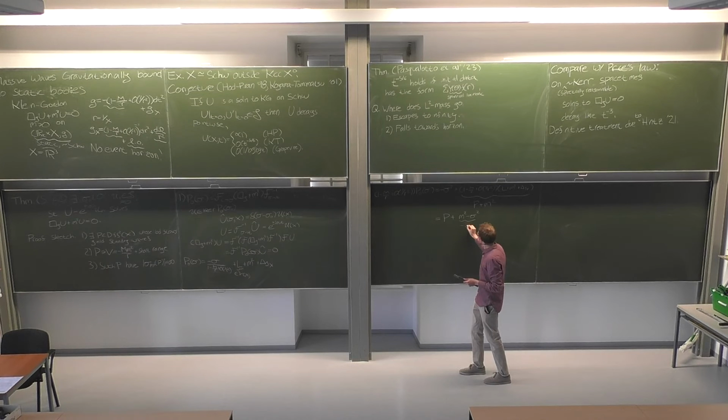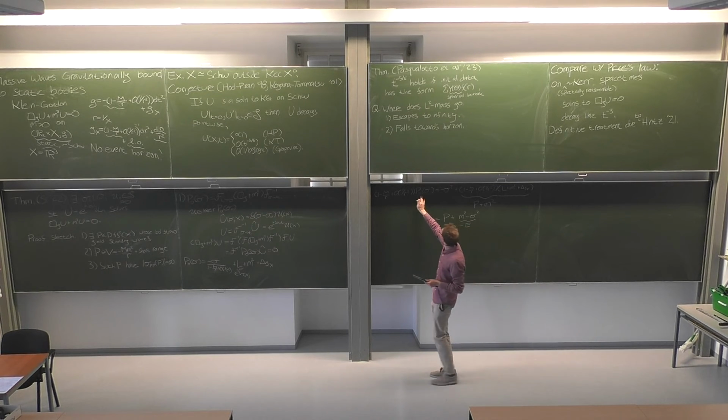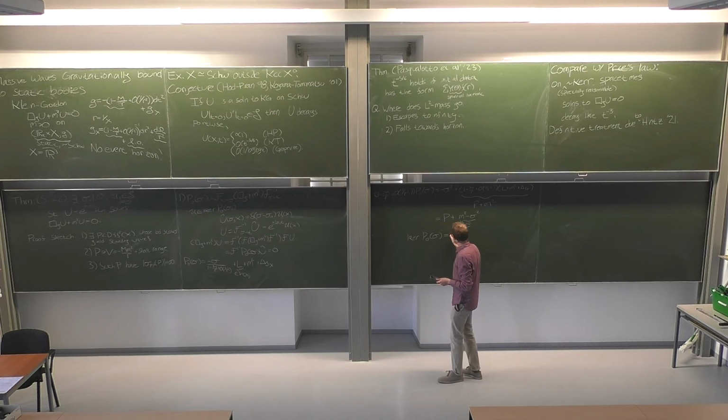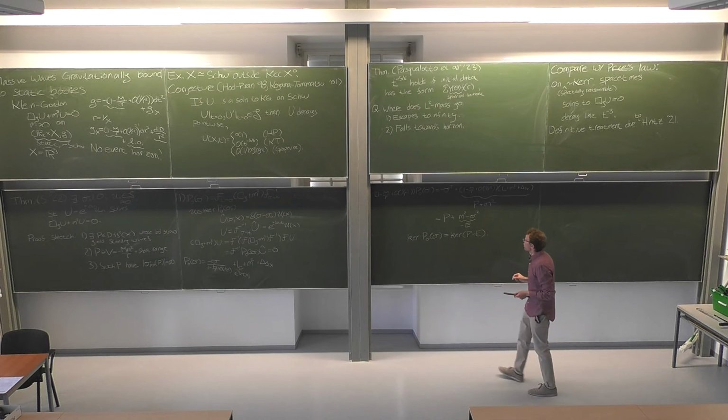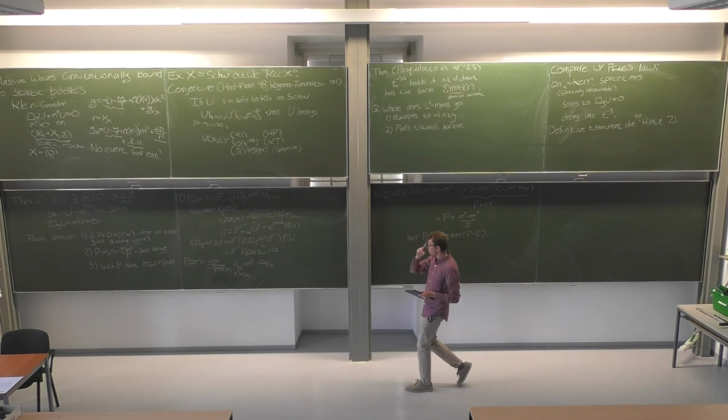And so now the problem of constructing elements of the kernel of P naught of sigma is the same thing as constructing elements of the eigenspace of this operator P. That's what P is, and that completes discussion of point 1.